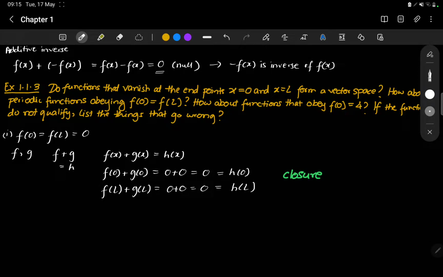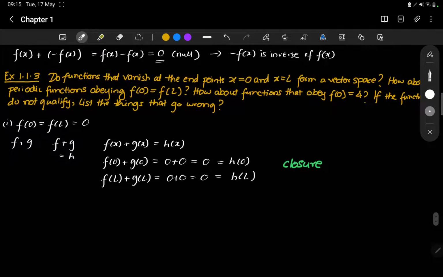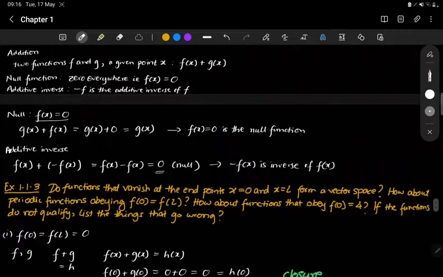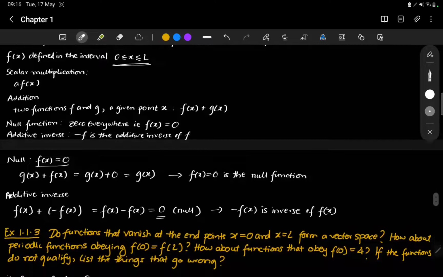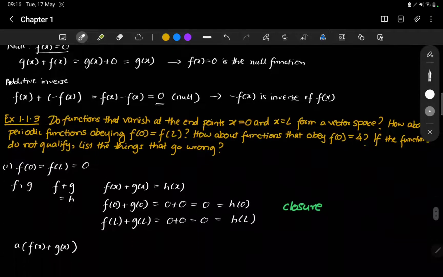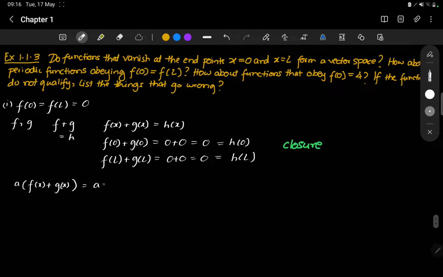Next, we need to look at scalar multiplication. So scalar multiplication is distributive in the vectors. That means if you have a scalar a and then we have a times f of x plus g of x, by the definition of the scalar multiplication that we have, this is nothing but a of f x plus a of g x.